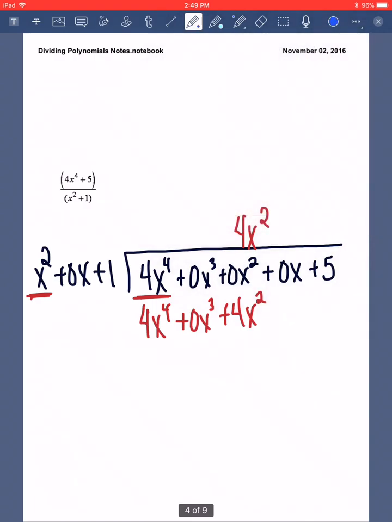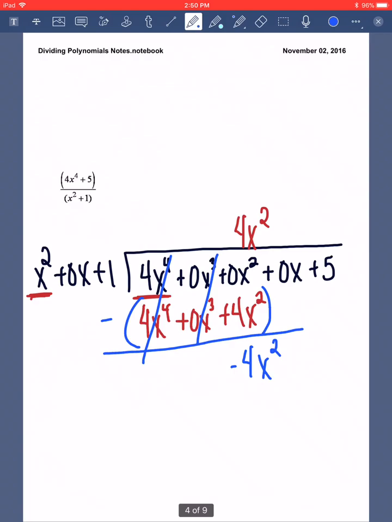Our next step is we're subtracting that entire line. So 4x to the fourth minus 4x to the fourth, that's 0, that's gone. 0x cubed minus 0x cubed is 0, so that's gone. And 0x squared minus 4x squared is a negative 4x squared.